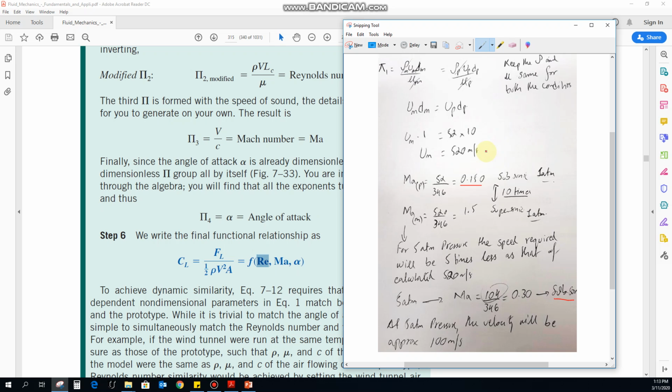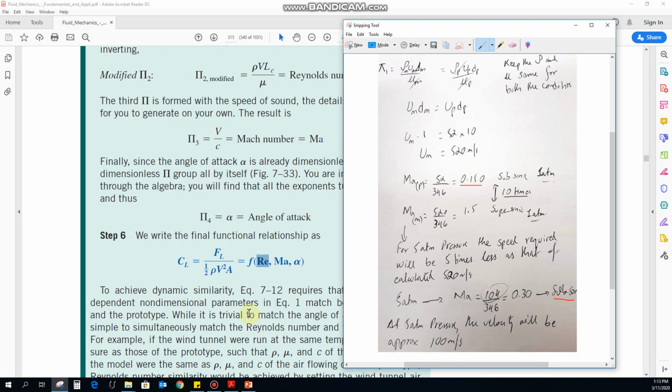So we can increase the pressure of the air to reduce this velocity. We have increased the pressure from 1 atmospheric to 5 atmospheric pressure, so we can reduce the Mach number to 0.3 that lies in the subsonic region. So this is how we can perform different experimentation, and we can use dimensional analysis to make the comparison between the model and the prototype, and how we can change the conditions of the environment or the experimentation to get the similarity between model and the prototype.